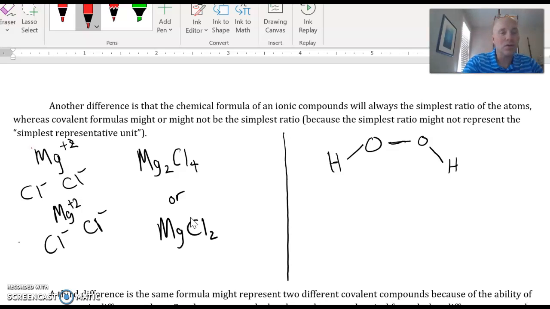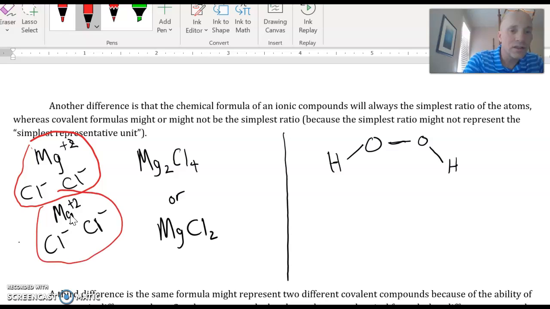The answer is that what you're looking at is actually just 2 units of this right here. This little portion of it would have all of the chemical properties of the original substance, and therefore this compound's formula would be MgCl2.